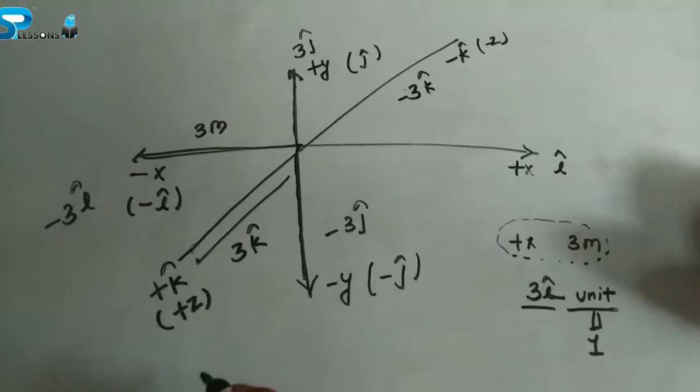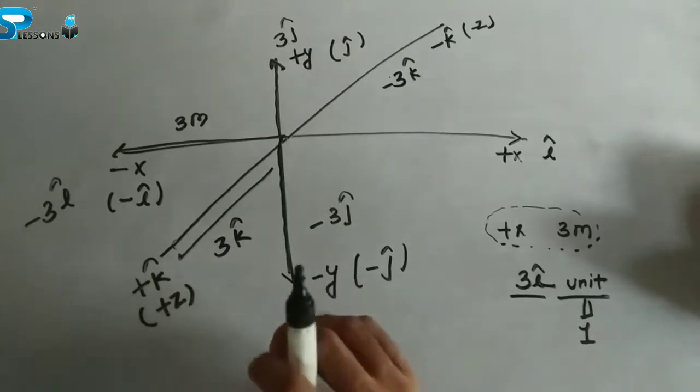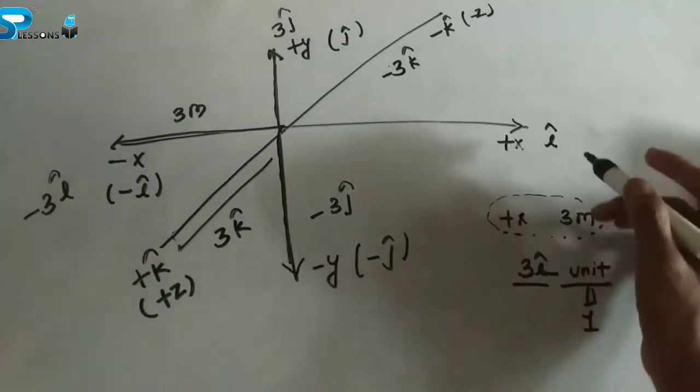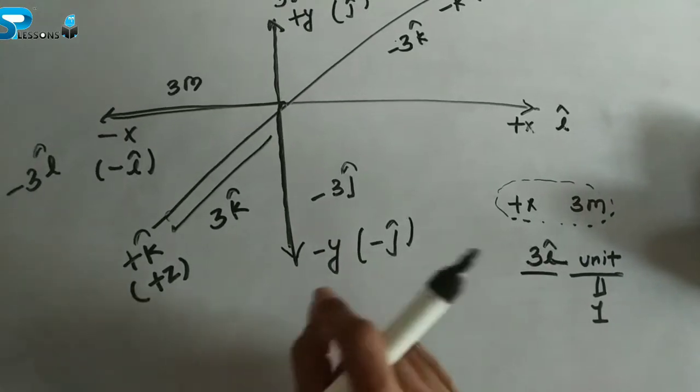So like this we show the direction in a graph or any equation. This is called unit vector. It has value 1 and shows only the direction.